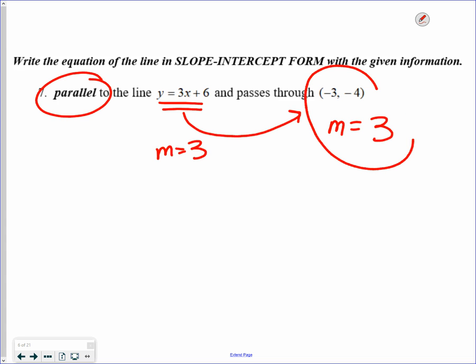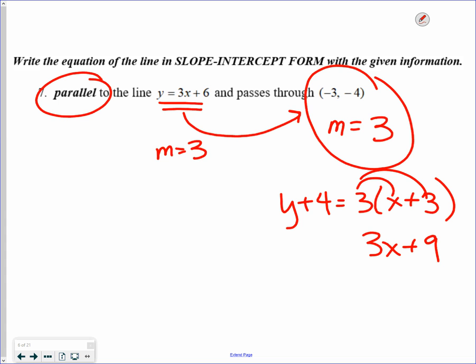Now it's exactly what we did previously. Use those 2 pieces of information to write an equation. Notice I did y minus the y of the point equals the slope, parentheses x minus the x of the point. Distribute the slope and subtract.